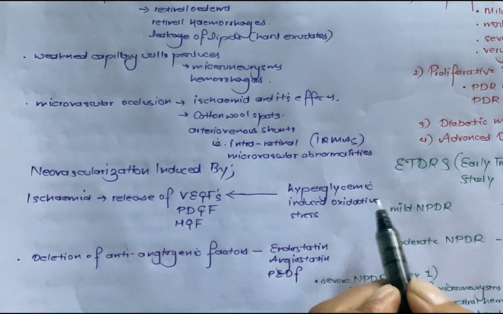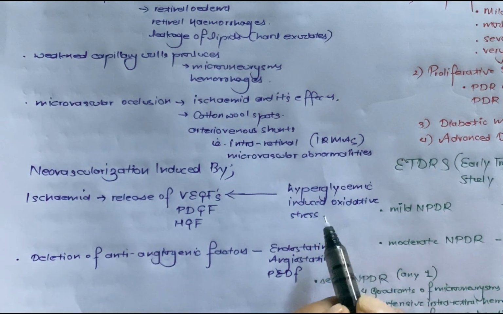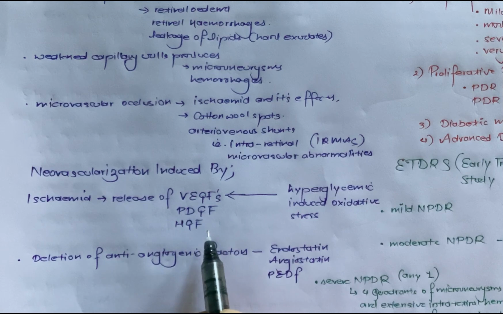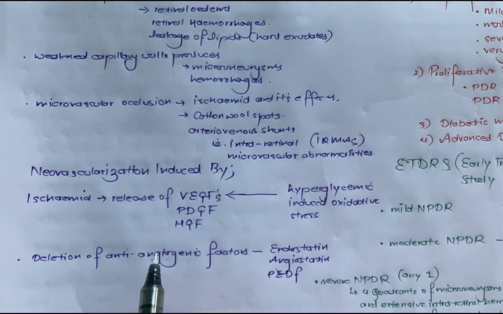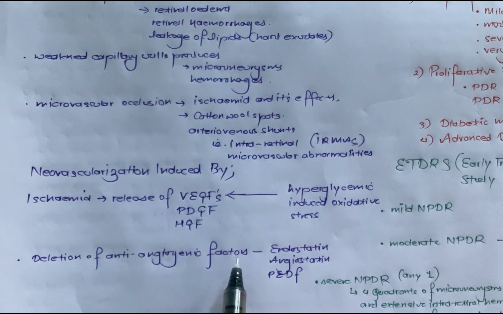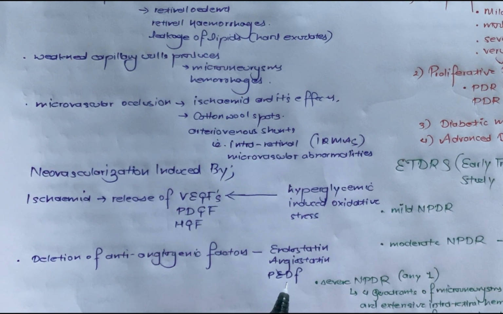This ischemia and hyperglycemia induced oxidative stress will lead to release of VEGF, PDGF and HGF that will lead to neovascularization. And neovascularization is also induced by depletion of anti-angiogenic factors like endostatin, angiostatin and PEDF.